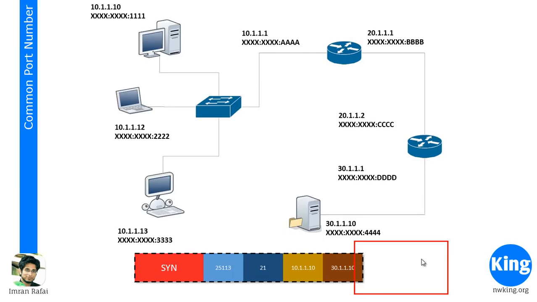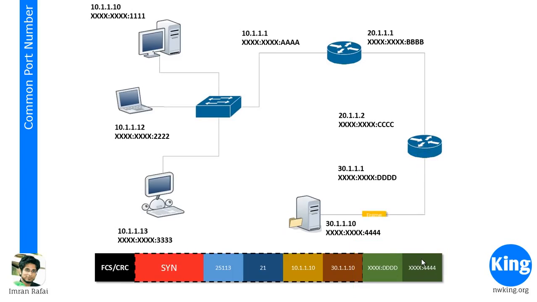It sees it is 30.1.1.10, and it knows 30.1.1.10 is connected to its interface, right? So it sends again, the same process continues. It finds out the MAC address, puts those MAC addresses, does the hashing check and attaches the hash to the frame, and sends it across the network.